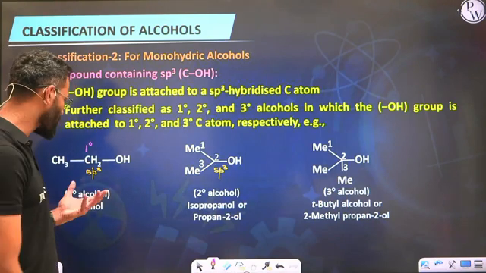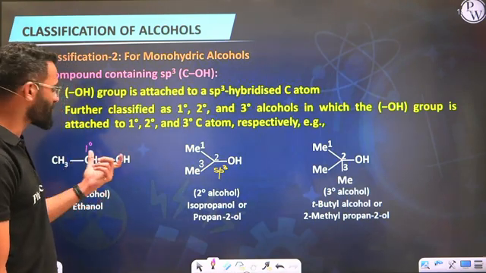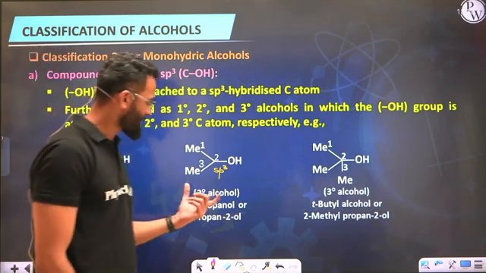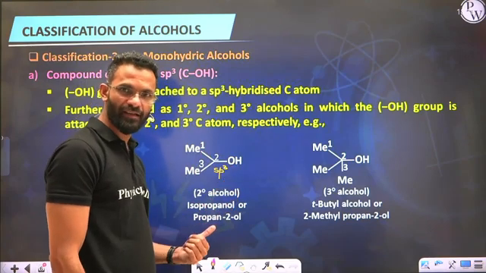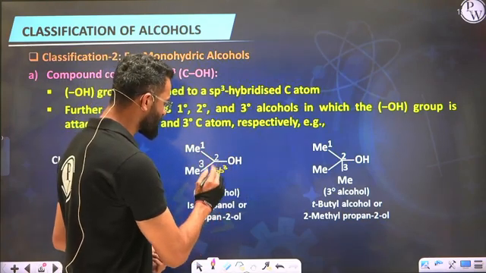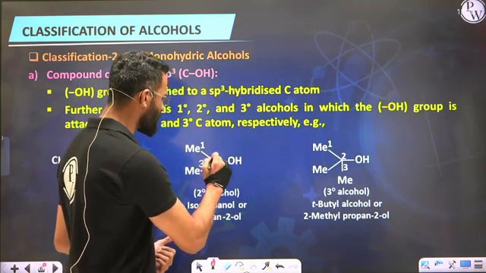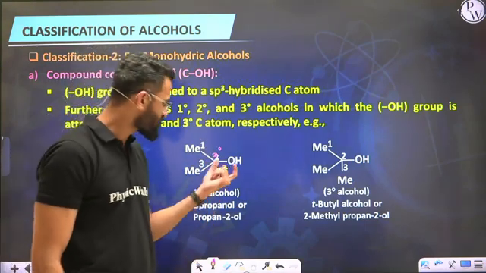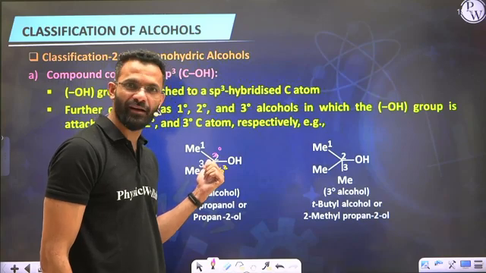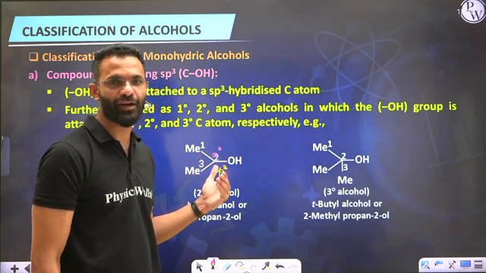Such alcohol will be regarded as primary alcohol. In the second example, again this is alkyl alcohol, isopropyl alcohol, right? But the OH is connected to sp3 hybridized carbon which is a secondary carbon atom. So when the functional group OH is connected to a secondary carbon atom, we call it a secondary alcohol.